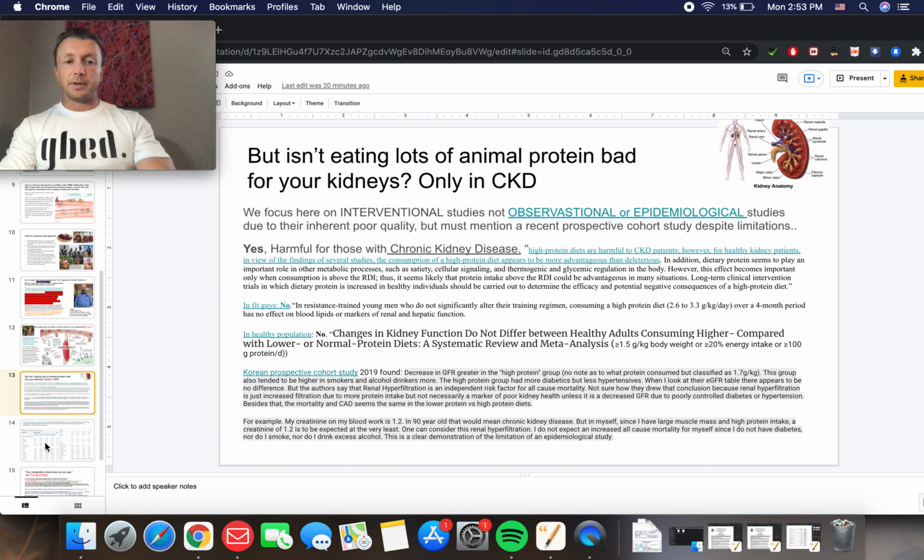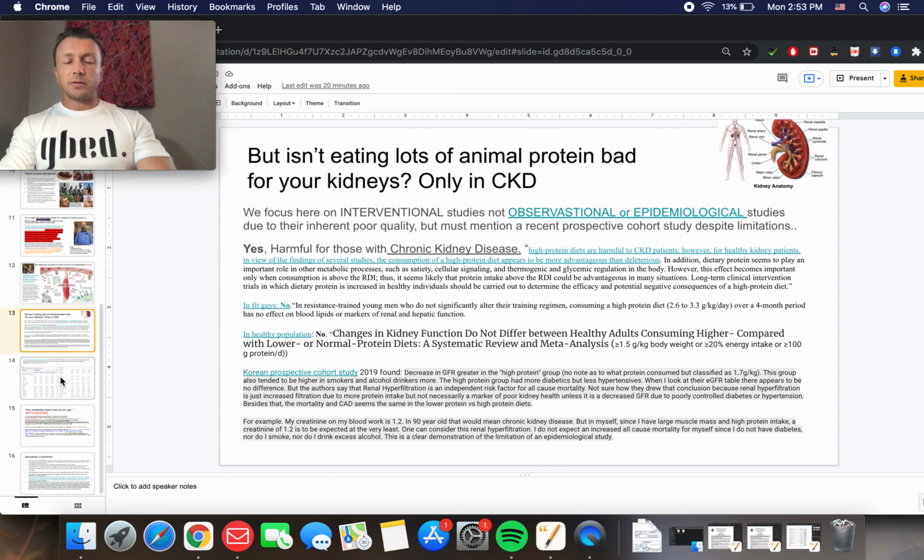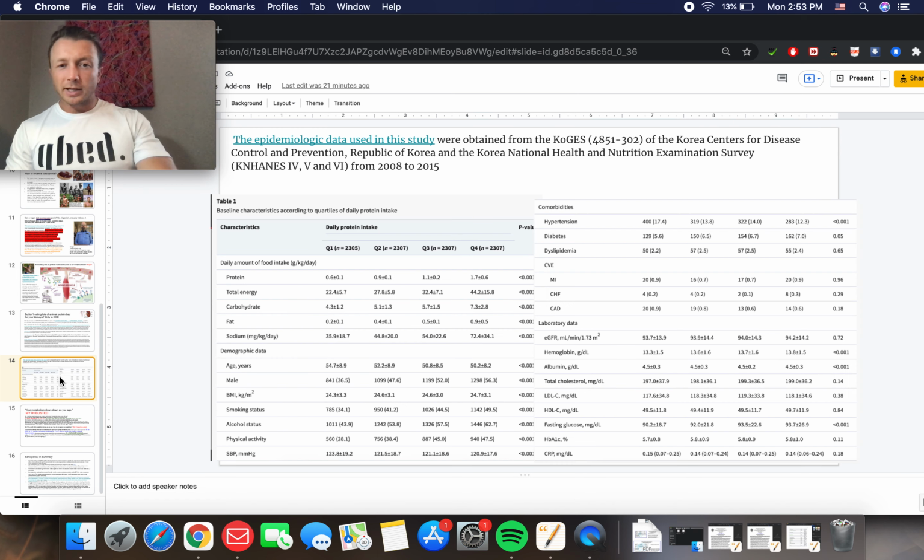in the healthy populations. We have to go over a Korean prospective study because they noted a decrease in GFR in their high protein group. But when I looked at their high protein group, we can see that this group was more likely to be a smoker, to drink more alcohol, to be male, to have diabetes, and to have high blood pressure.